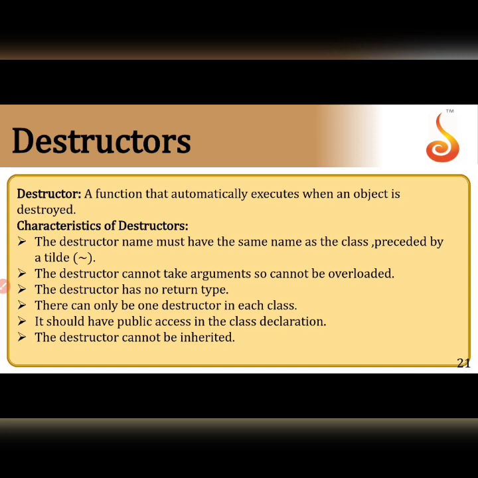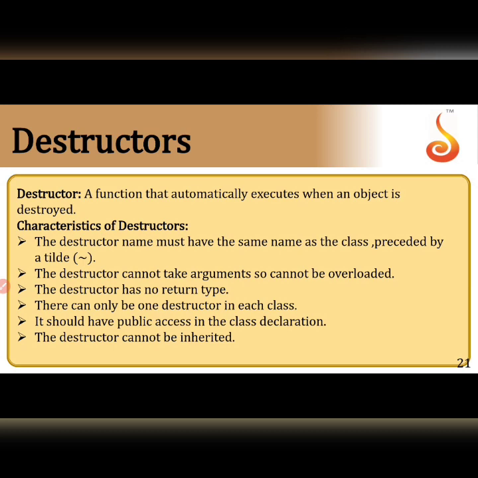That is, a destructor again is a function that automatically executes when an object is destroyed. For every object, it will execute. Like if there are 10 objects for a class, then when you destroy the 10 objects, for each object the destructor gets executed. So we'll study the characteristics of destructors now.